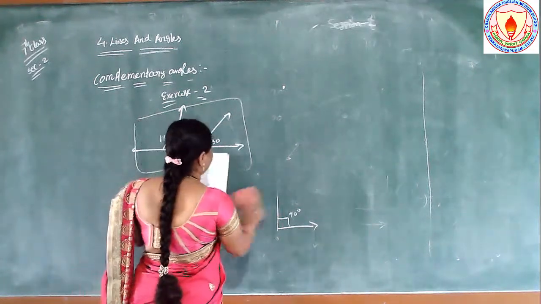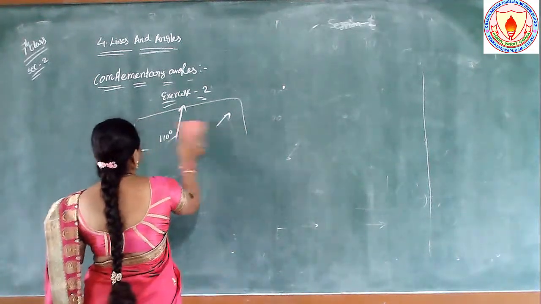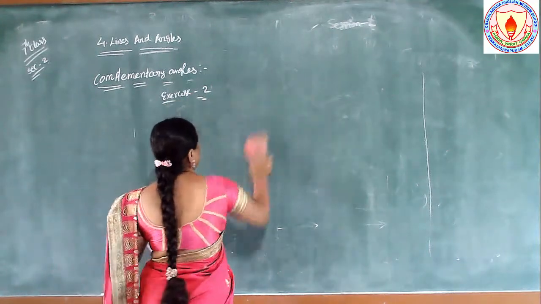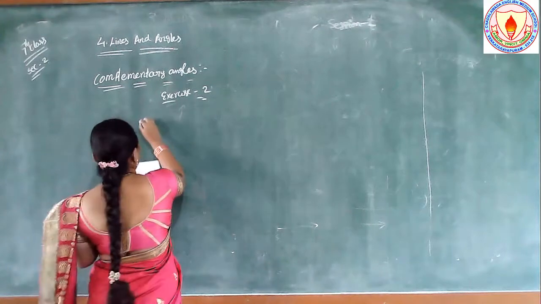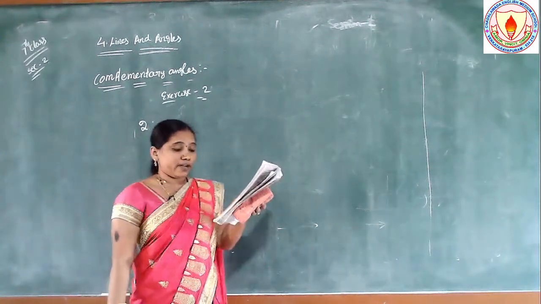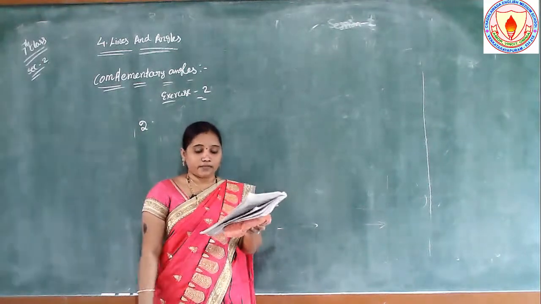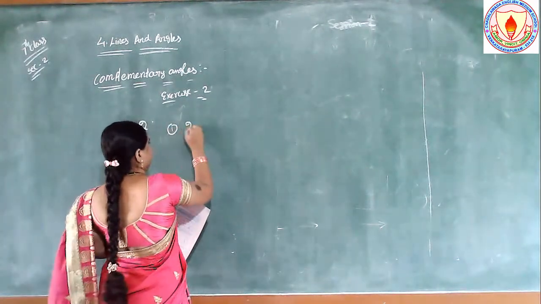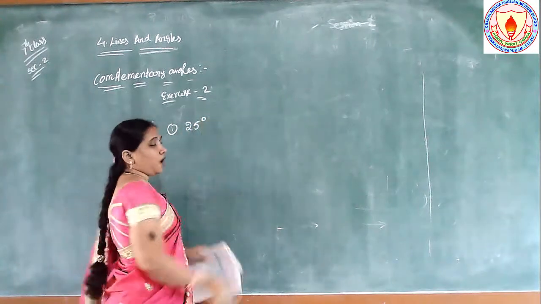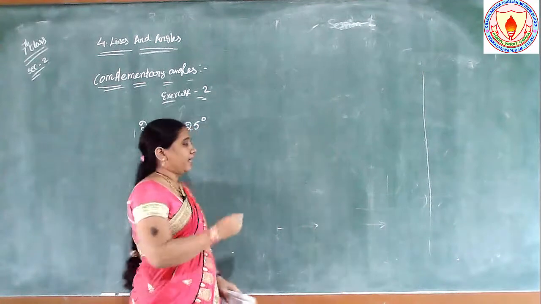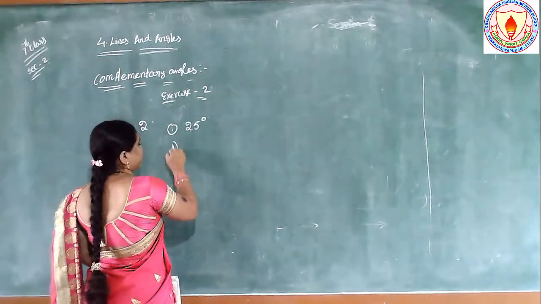Now come to the second sum: how to find the other complementary angle when one angle is given. Part C says, find the complements of the given angles. They have given only one angle, 25 degrees. How do we find the other angle?